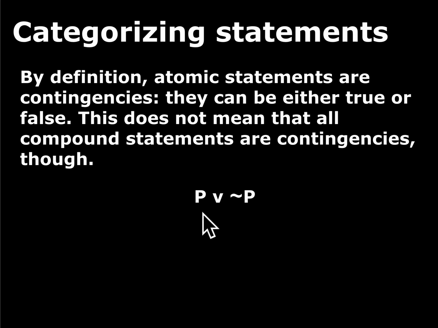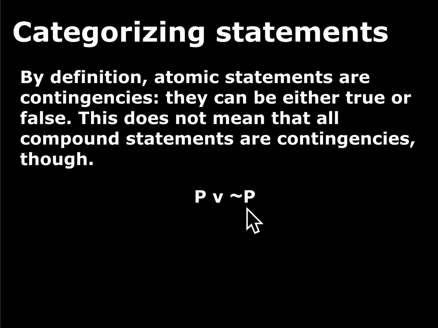So look at this statement, P or not P. Now we know from the disjunction truth function that the entire disjunction is true if either disjunct is true. It only takes one of them. The other one could be false. But if one of them is true, or if both of them are true, but it only takes one, then the whole disjunction is true.